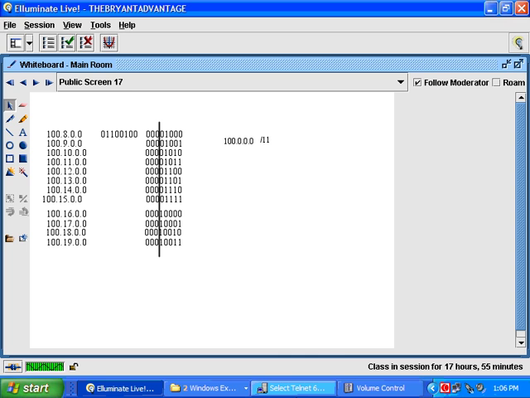The problem is that, yes, this summary does include all of the networks you see on this board. It includes 8 through 19. It also includes 20 through 31.